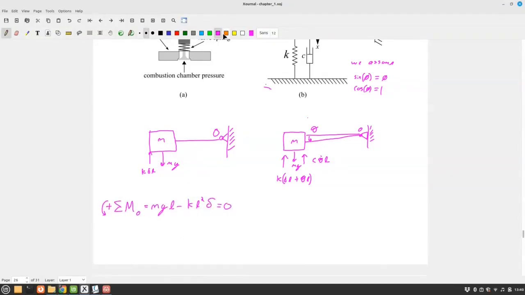And then I get positive to the left, sum of moments about O is equal to mgL minus KL squared delta minus KL squared theta minus CL squared theta dot is equal to our good friend 0.